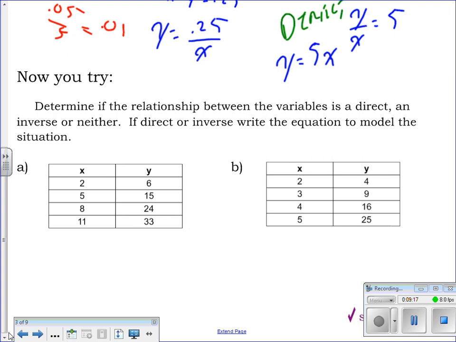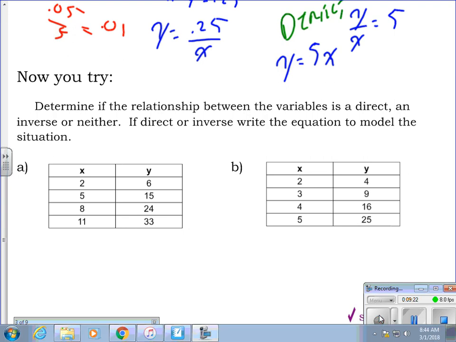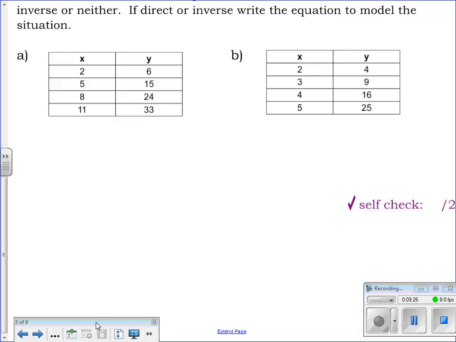Okay. Now it's your turn. Let's do these. I look at the first one, and when I'm doing this mentally in my head, I want to check it out first. 2 times 6 is 12. 5 times 15 is not 12. So it's not inverse, because I just multiplied the first two off the top of my head. I know it's not inverse variation.